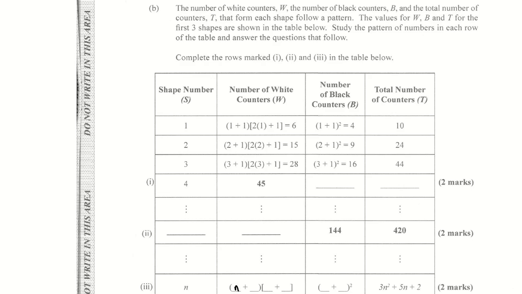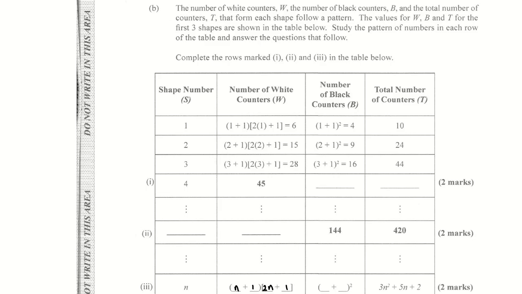The next one is a constant. It's always 1, so it'll be plus 1. The next one would be 2, because it's a constant of 2, times your shape number, which is n, plus 1 again, because it's a constant. And that would be your answer for this.